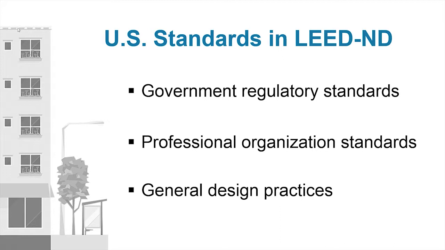Examples are federally designated endangered species and historic buildings. The second type are cases where ND references professional organization standards, such as the energy credits that reference ASHRAE, which is the American Society of Heating and Refrigerating Engineers, and their standards for building energy performance.